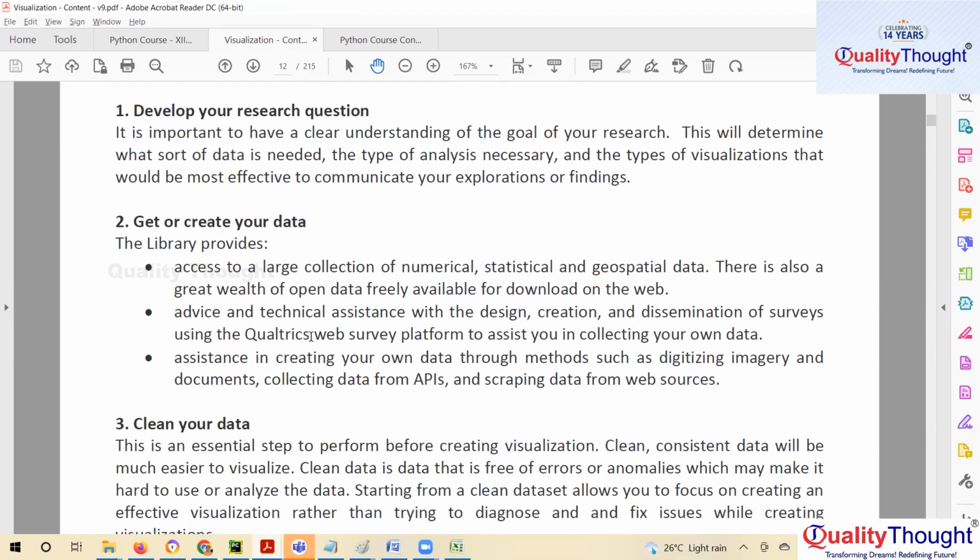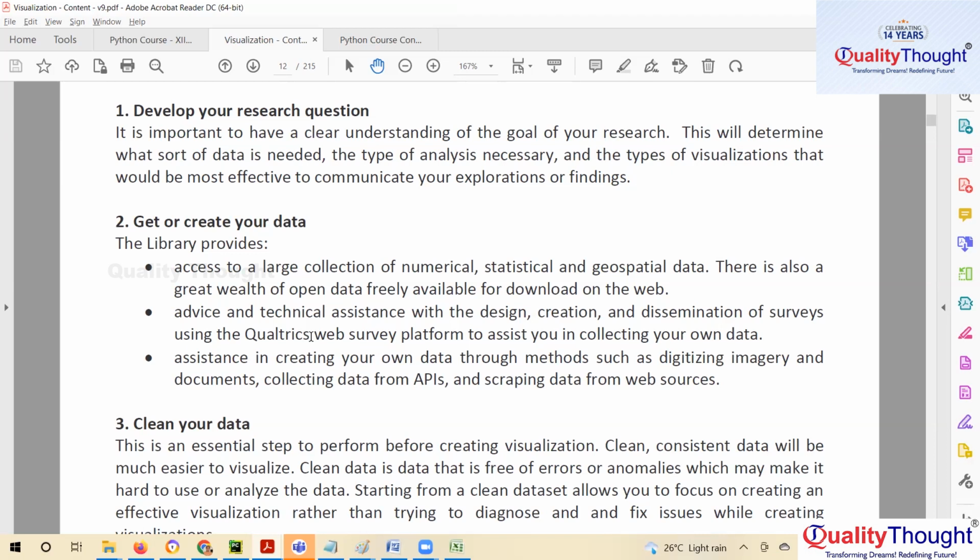If I'm thinking about improving my sales process and making my customers happy, but the data I have is employee data, can I do anything about it? Probably not. So the data that you collect has to be in alignment with your research question, what you want to achieve.